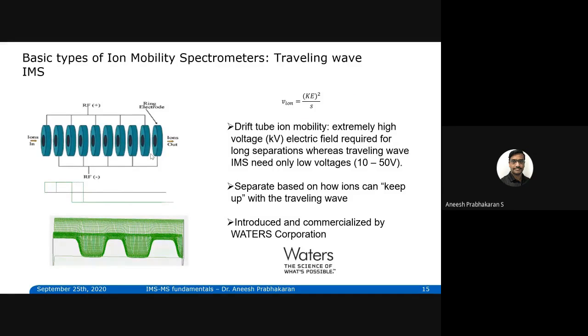This type of mass spectrometer is developed by Waters Corporation. What they did was remove the DC field and apply a traveling wave, like this. The wave is traveling. The problem with the DC field was that if you want higher resolution, to separate the ions better, you need a longer drift tube. When the drift tube is longer, you have to apply higher voltages, kilovolts, very high voltage, which is dangerous and sometimes not practical.